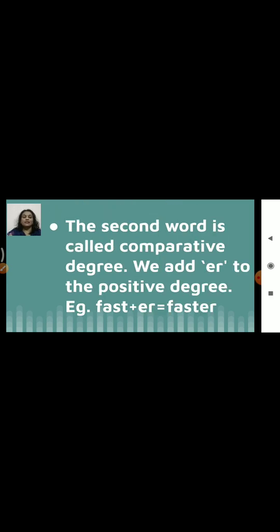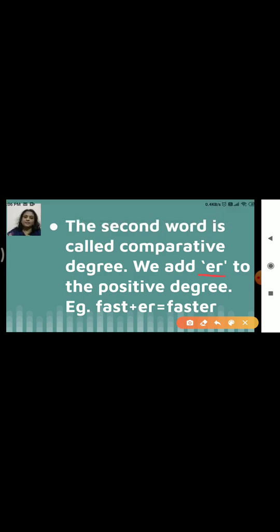Then the second word, that is faster, is called comparative degree. We add ER to the positive degree. That is fast. Fast plus ER, we got the word faster.